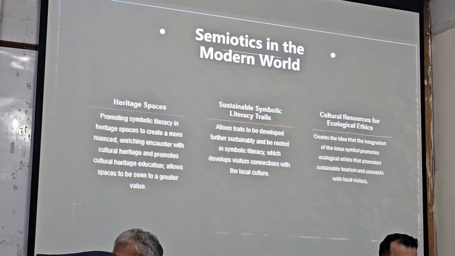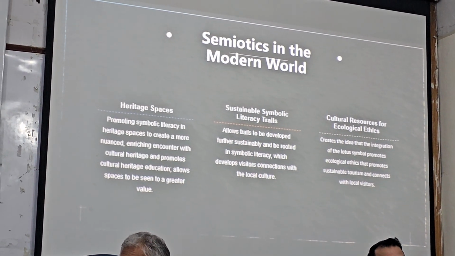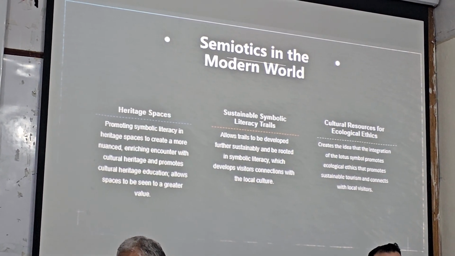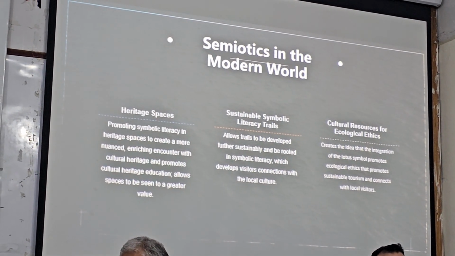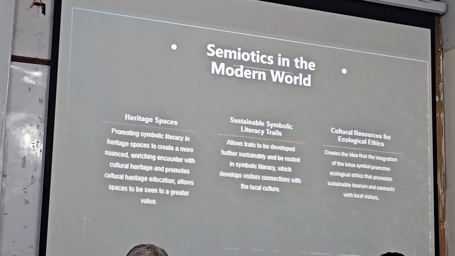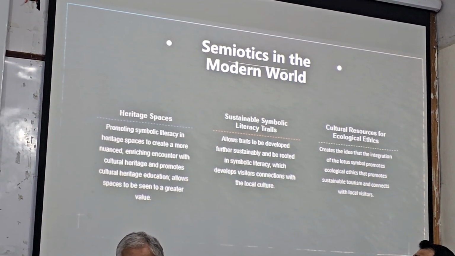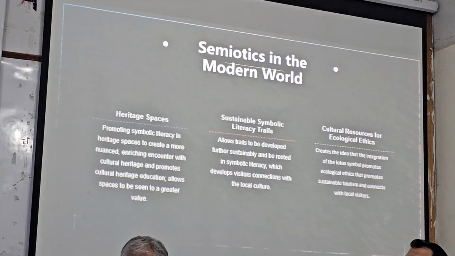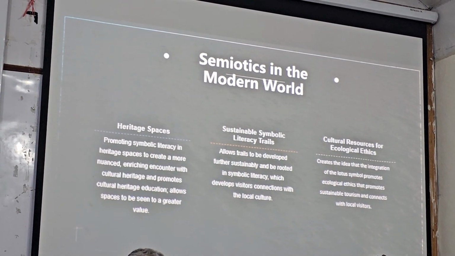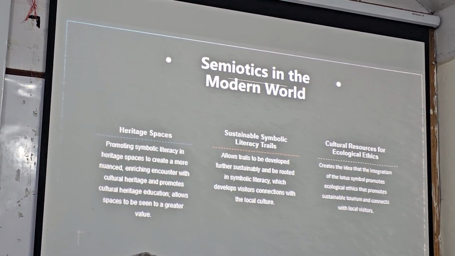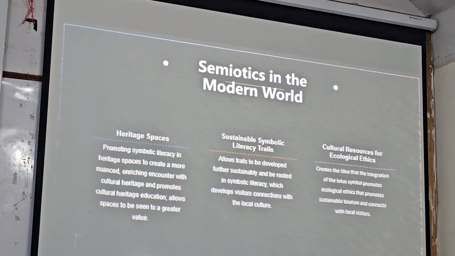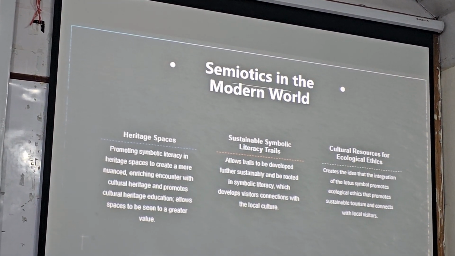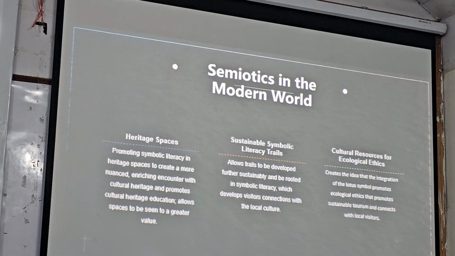The literacy model is basically something to train our heritage practitioners, our archaeologists, to tell their stories in a way to make people want to revisit the site. And then sustainable symbolic literacy trails allow trails to be developed for further sustainability, rooted in symbolic literacy, which develops visitor connections to the local culture.